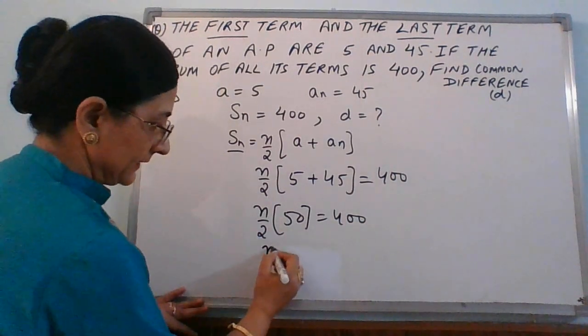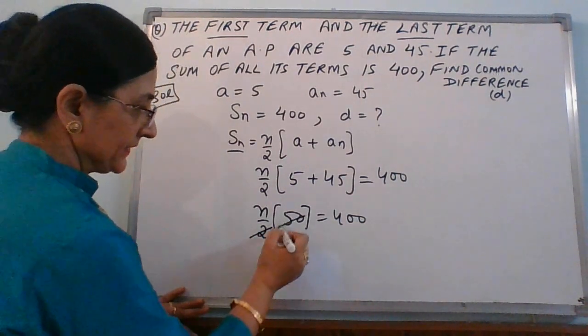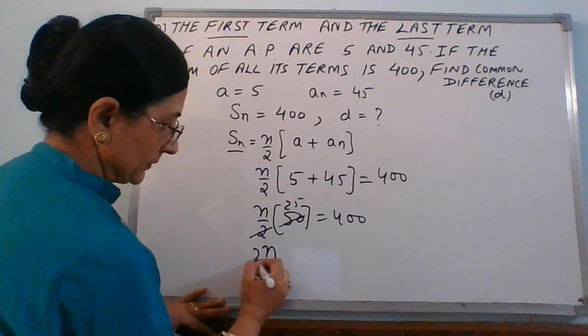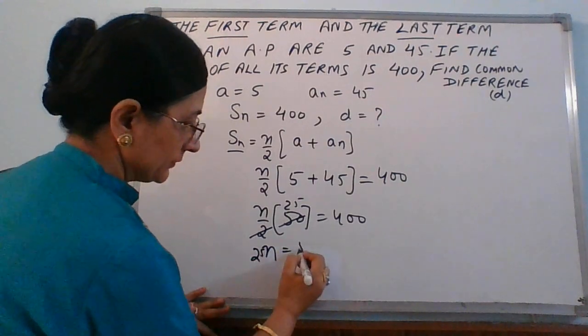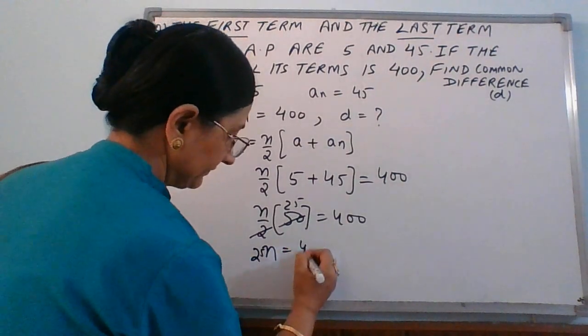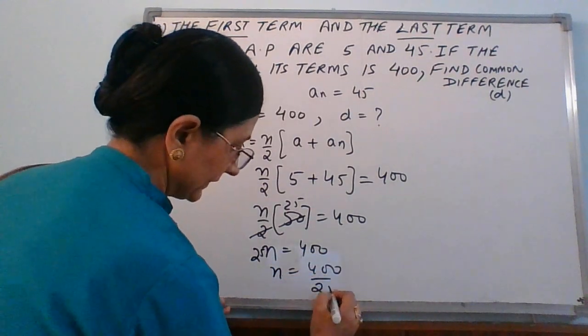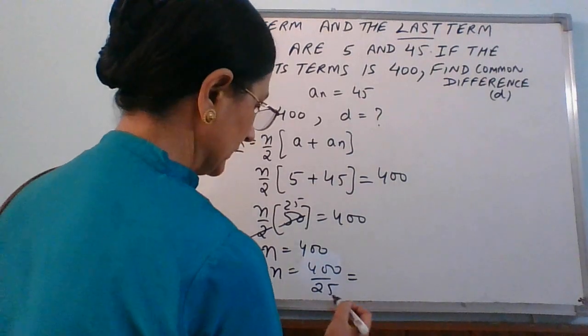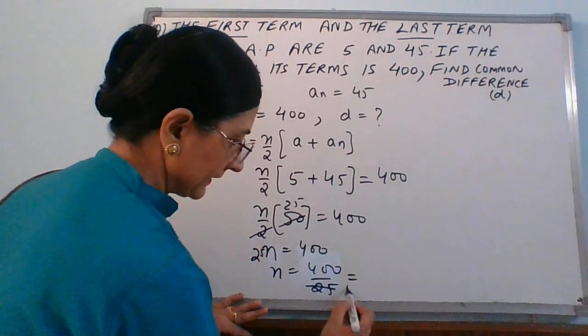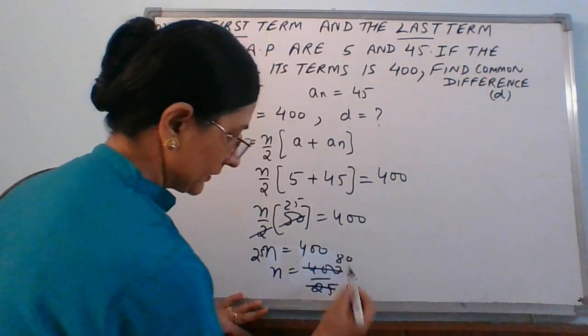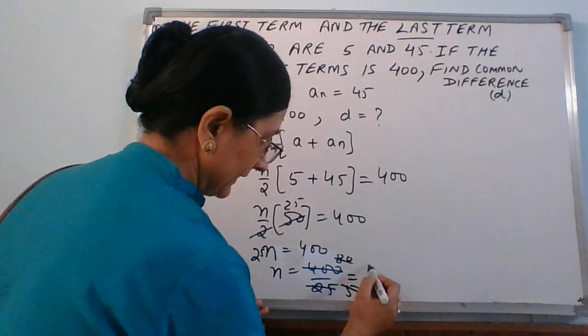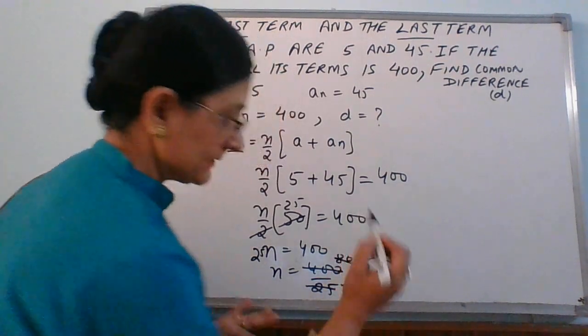In order to find n, you can cancel by 2 to get 25. So 25n is equal to 400, and n will be equal to 400 divided by 25. Let us cancel by 5: 5 5s are 25, 5 8s are 40, so n is 16.